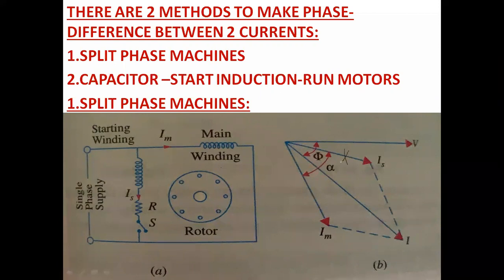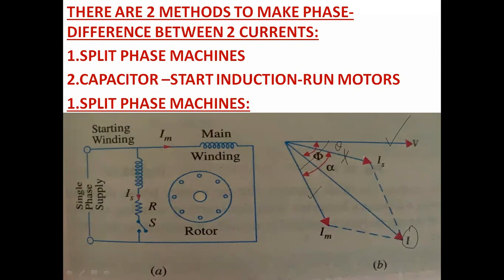This is not there, which means IM is making some angle theta with V. Only V is present and only IM is present, so there is no other flux to react, and there will not be any resultant current, right? So the induction motor is not self-starting.